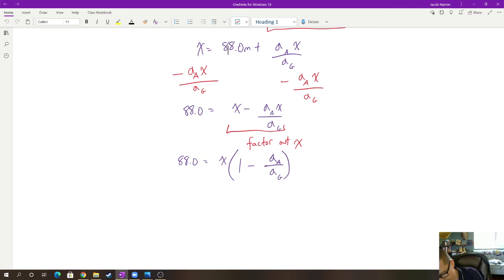So I'm going to write 88.0 equals x times AG over AG. That's legal; it's the same thing, I'm just rewriting it a different way, because now I can combine those fractions. It's going to make my life a little bit easier. Not great, but a little bit. And so we end up getting this.